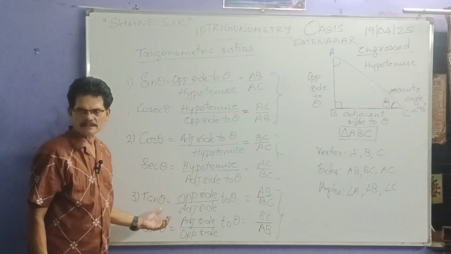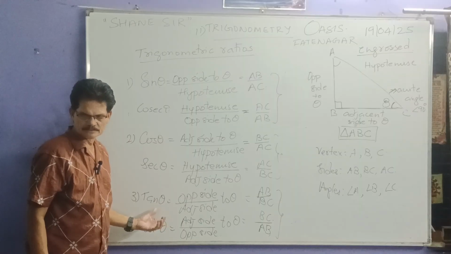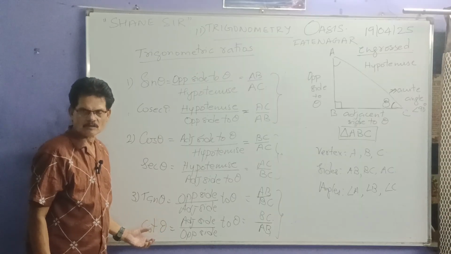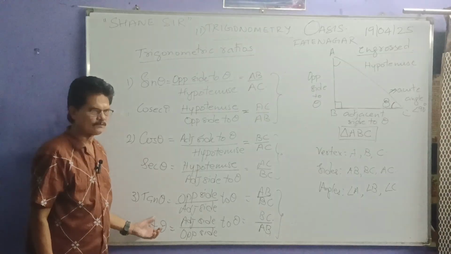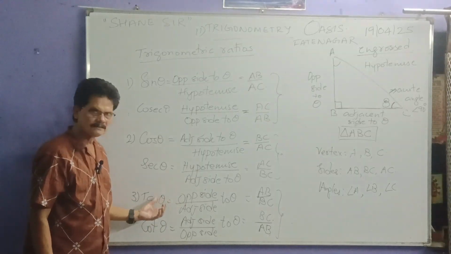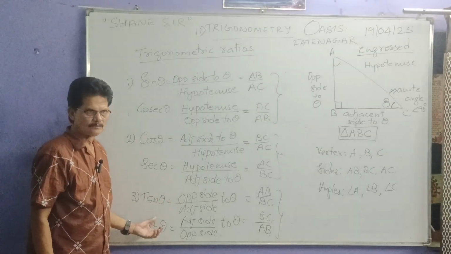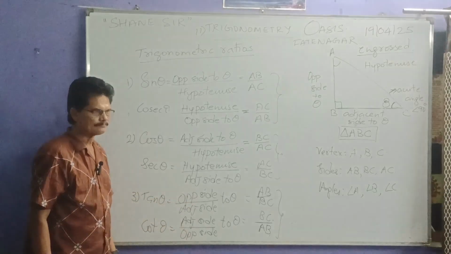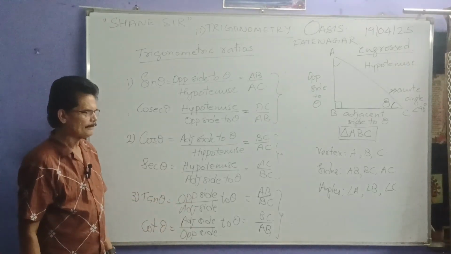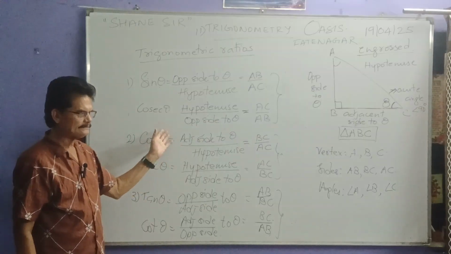Tan is independent of hypotenuse and cot is also independent of hypotenuse. Right? Understood now? Have you written it down?